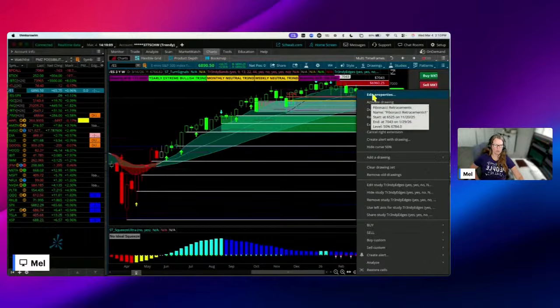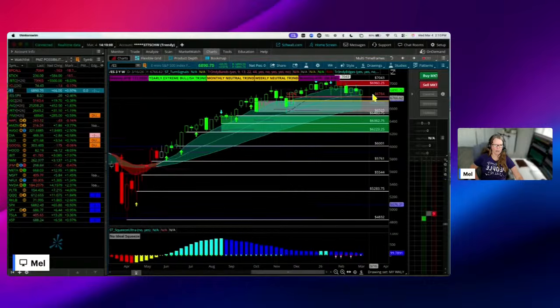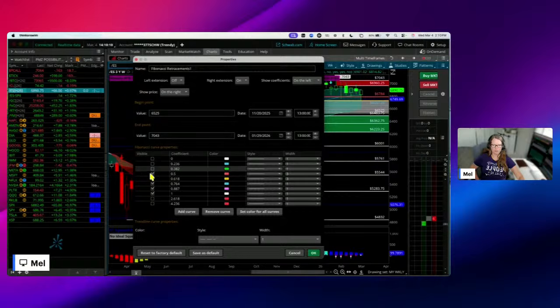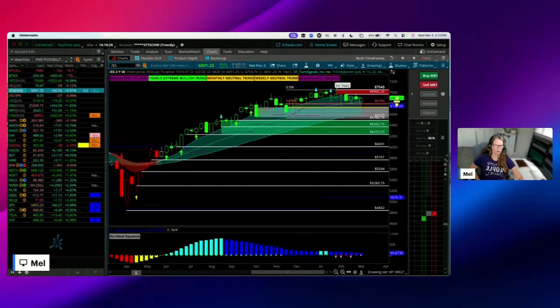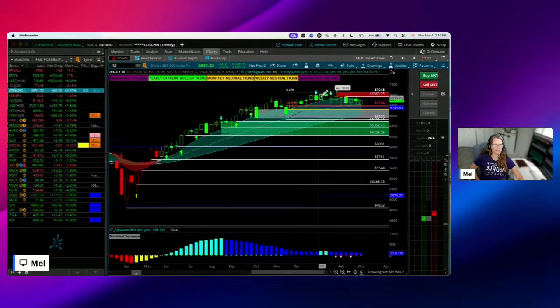So let me show you exactly where I ran those Fibonacci levels from. If I put in the 100, that's going to be the bottom, and then the 0 is going to be the top. So these Fibonacci levels are ran from where we bottomed in November, right before the rally for Thanksgiving, up to the all-time high.